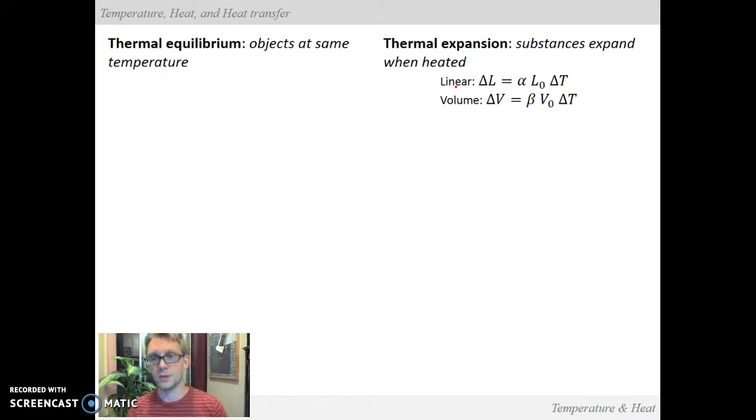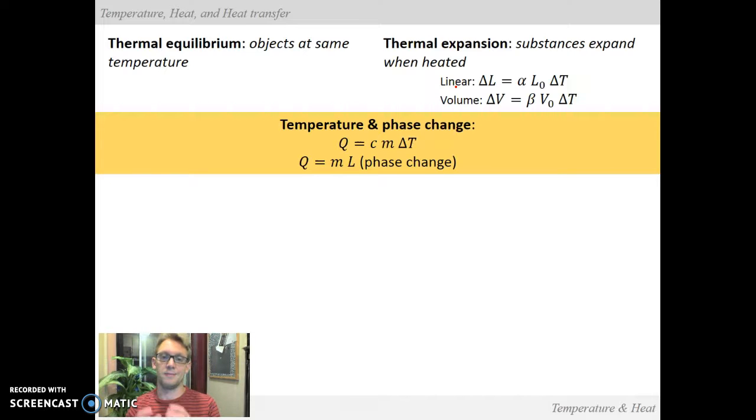So make sure you're using the right thermal expansion equation for whatever shape you're looking at, but also that alpha and beta, make sure you're using the right material specific coefficient of expansion. When you're presented a problem such as this thermal expansion, make sure that you list out the parameters that you know and the parameters that you want to find or need to find, and then you can play with the equation as you need.